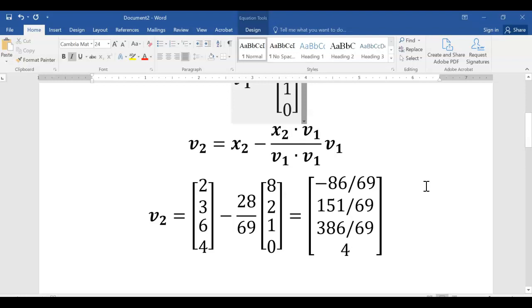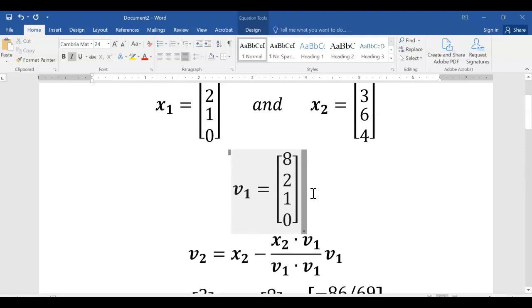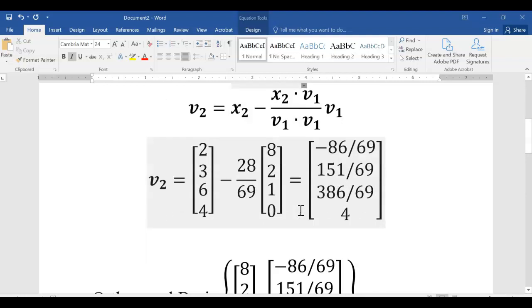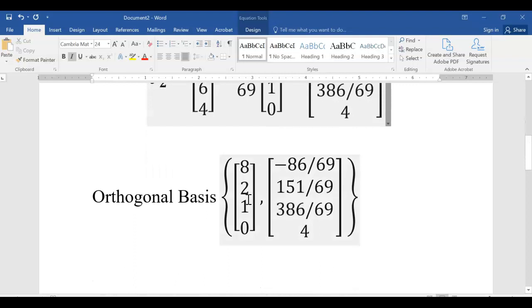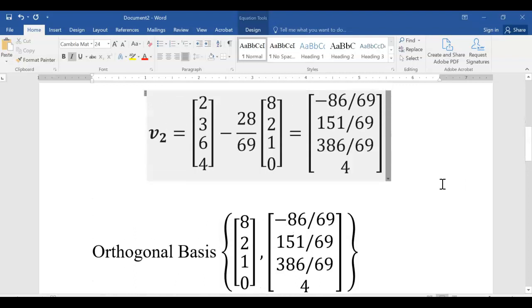So there you go. What we have now is an orthogonal basis. The 8210 is going to be my first element. And my second element is going to be negative 86 over 69, 151 over 69, 386 over 69, and 4.